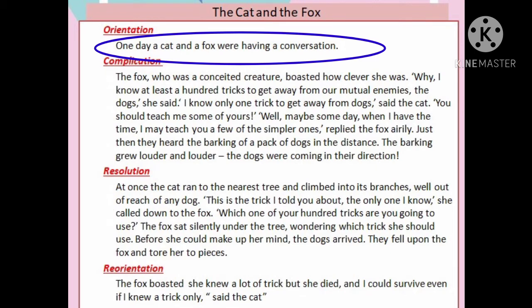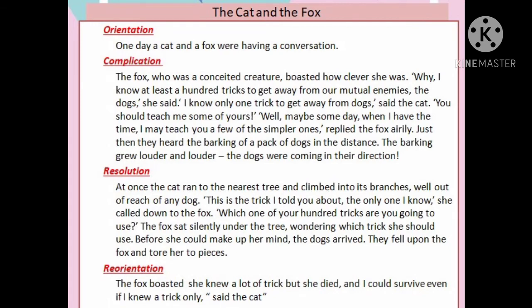Itu disebut dengan bagian orientation. Why is it called as orientation? Kenapa disebut bagian orientation? Karena di situ dijelaskan where, when, and who is in the story. Jadi kapan dan siapa yang terlibat dalam cerita tersebut. Jadi itu adalah bagian dari orientation.